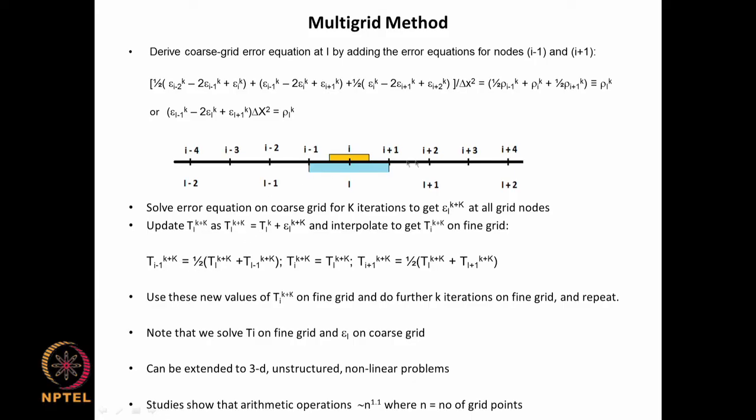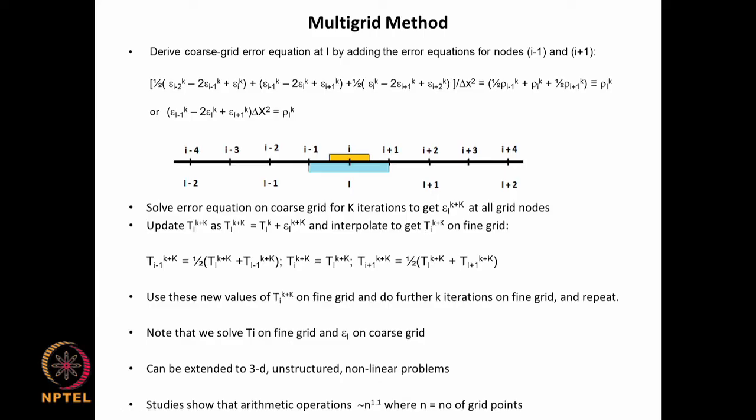And similarly T at small I plus 1 at this point is the average of these two values. In that way you get the interpolated value and the computed value, the estimated value here. So, by doing this interpolation you now have a better solution of T.